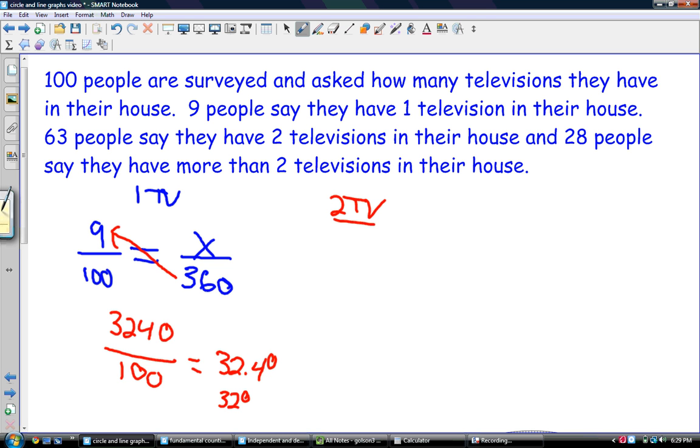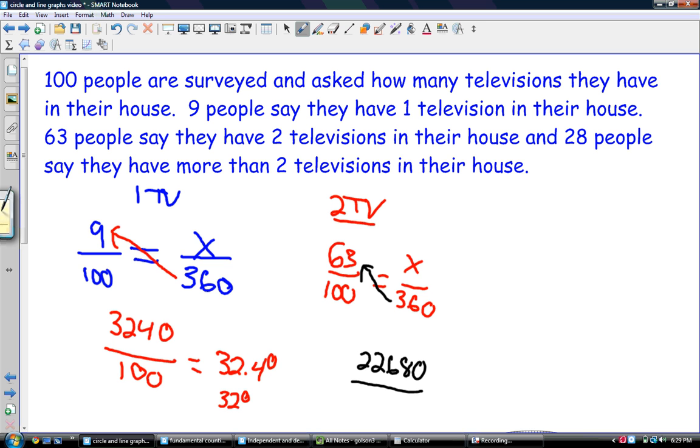Okay? Then I'm going to do a similar thing to figure out how big I should make the section with 2 televisions. Now on this one, it was 63 people out of the 100. And I want to know how many degrees out of the 360 that should be. But again, I'm going to do the exact same thing. I'm going to cross multiply, do 360 times 63. When I do that, I end up with 22,680.